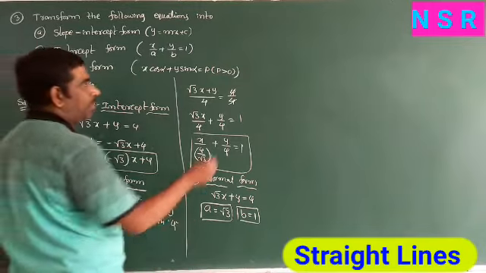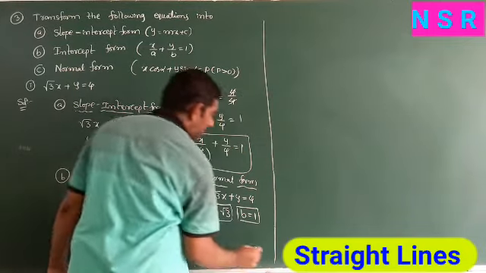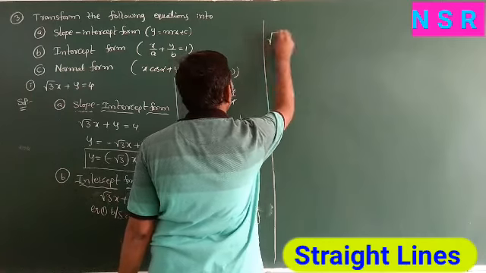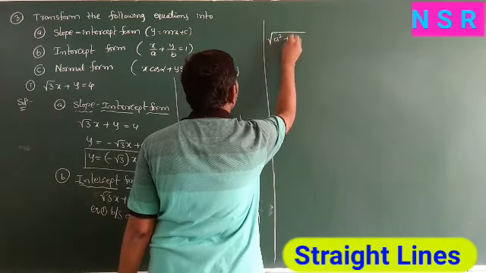After getting a and b, find root of a square plus b square. Take this as equation number 2. Here a equal to root 3, b equal to 1. Now find the square root of a square plus b square.